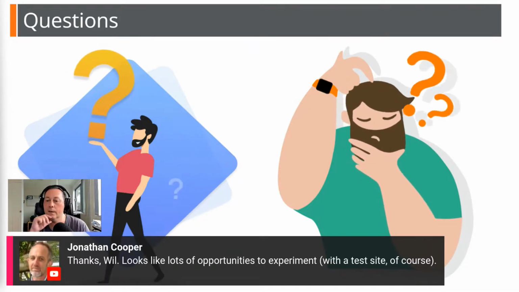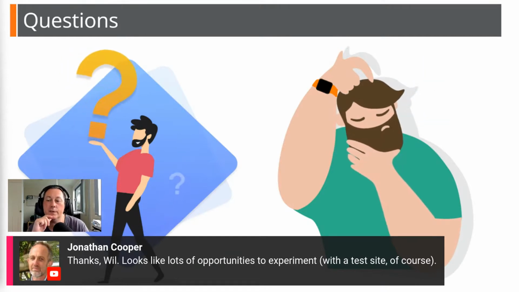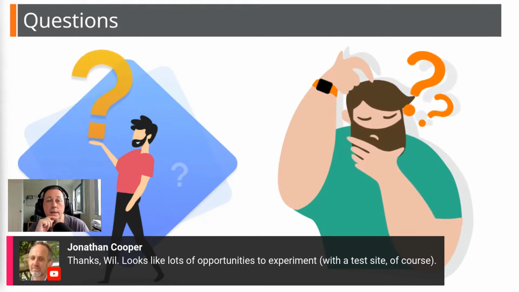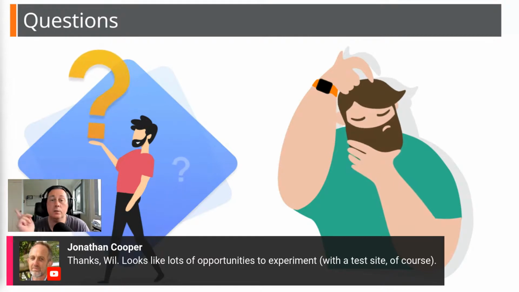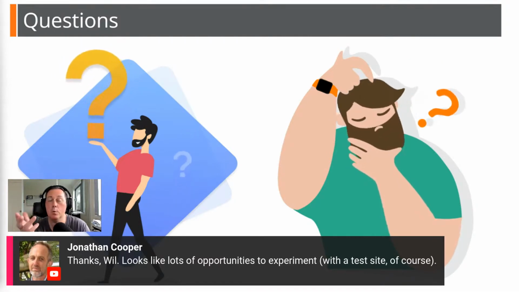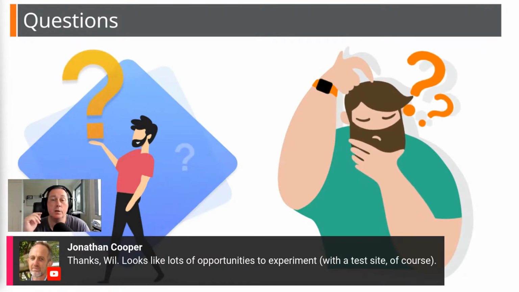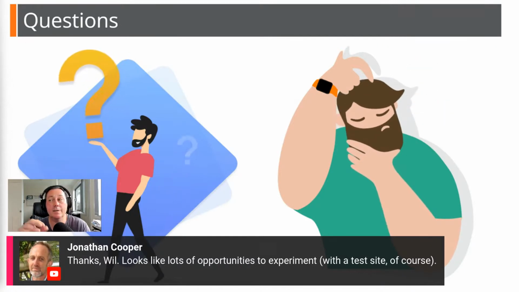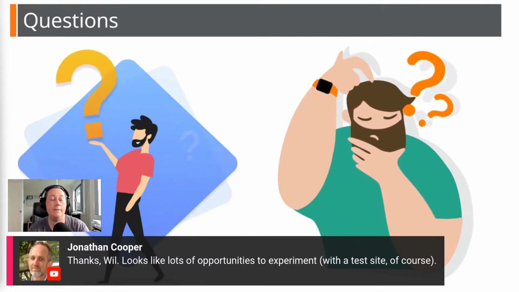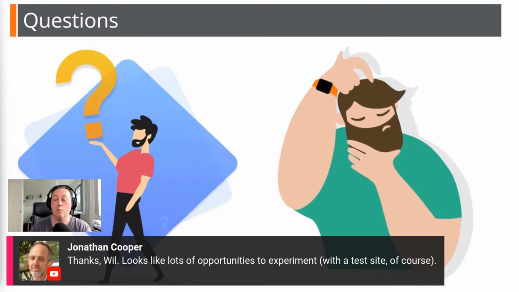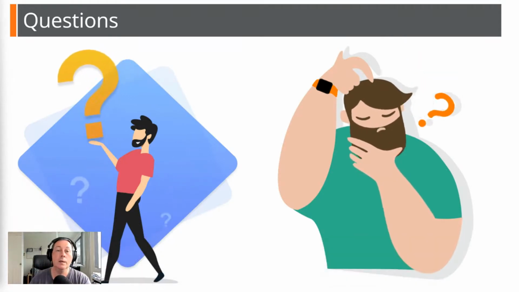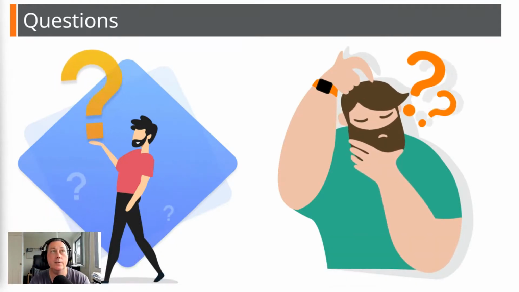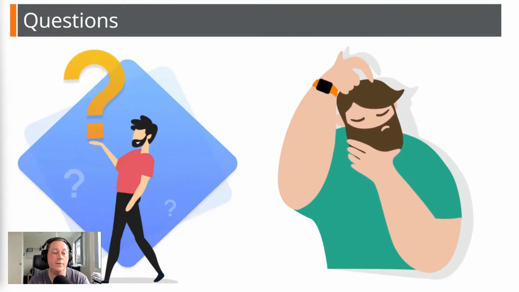Jonathan says, looks to me like lots of opportunities to experiment with a test site. Yes, absolutely. As I say, there could be more and more block-based themes coming out. You're going to see that the big popular themes are going to start to embrace this stuff. So things like Avada and Astra, I mean, they already have their own method of editing their headers and footers and things like that.